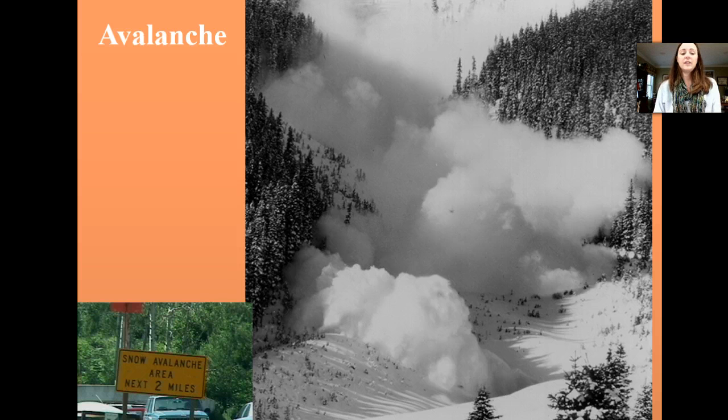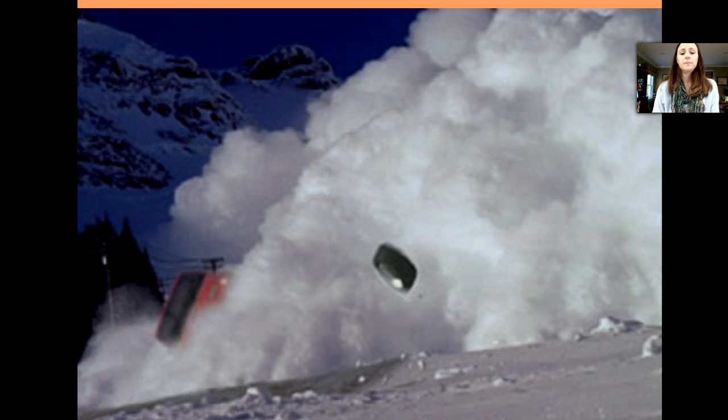And here's an avalanche occurring in the snowy regions, and the same type of thing happens. The snow gets forced downward from gravity, and it's such a huge force that it really can damage areas, and if you're caught in that, you could possibly be killed. Like this poor car got stuck in an avalanche, and now you can see it's tumbling over, and there goes its tire.